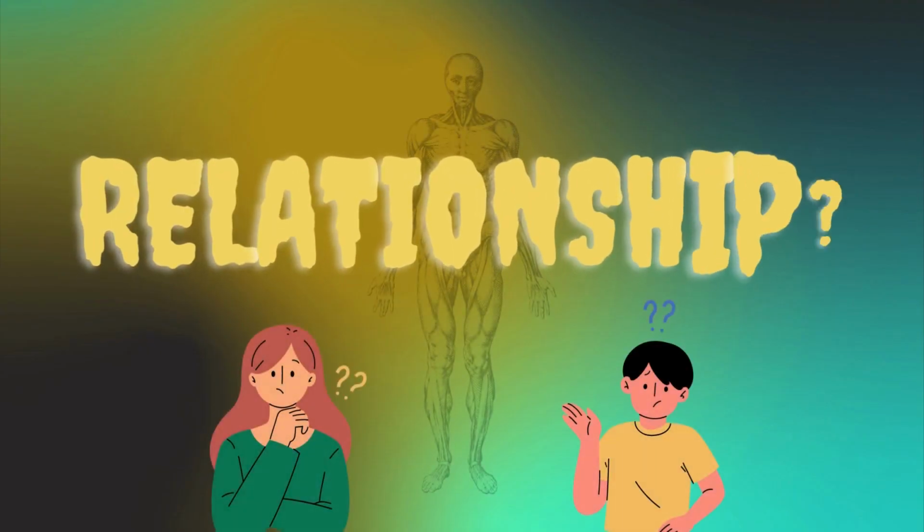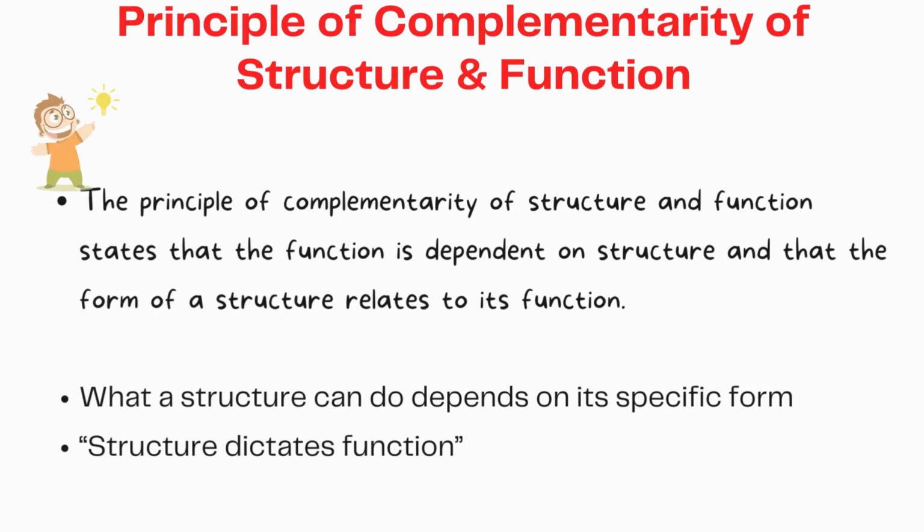Now, if you look at these two discussions, what do you see as a common relationship between anatomy and physiology? Let us look at the relationship between anatomy and physiology. This takes us to what we call the principle of complementarity of structure and function. There is a way in which the structure complements the function.